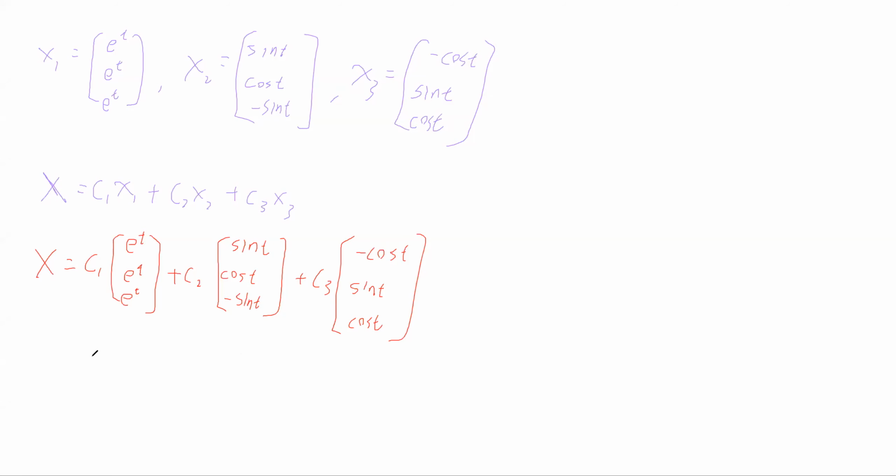Or there's another way you can represent the general solution x using a matrix. We're going to put a matrix like this, where each of the columns are your x1, x2, and x3, and multiply by the constants c1, c2, and c3, like that. So there's another way of representing your solution.